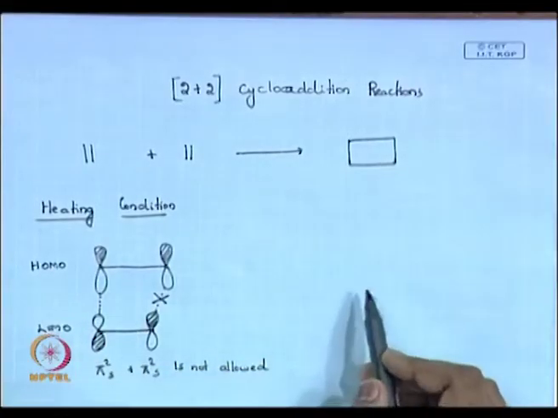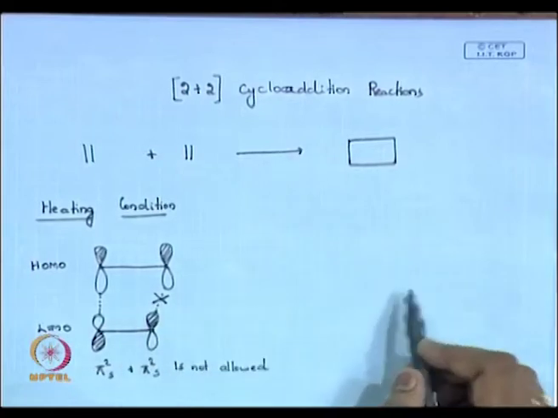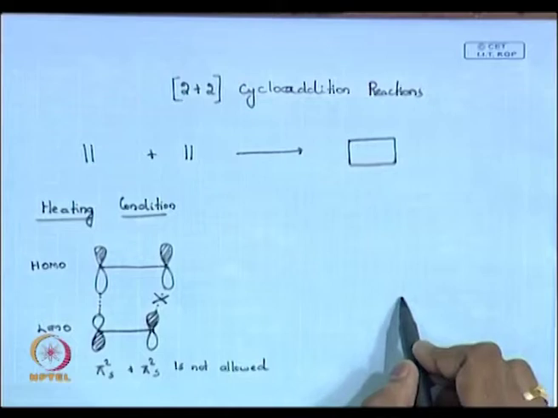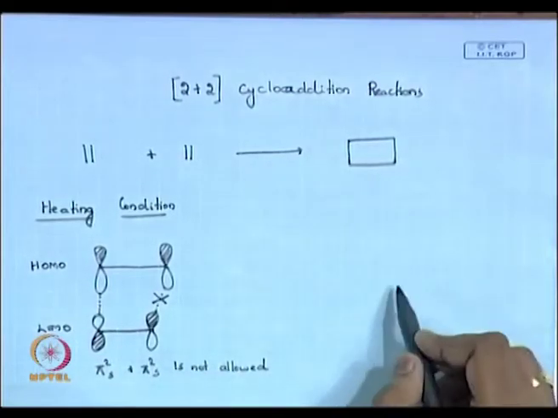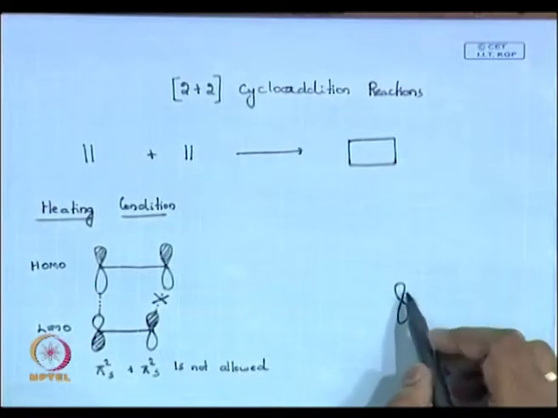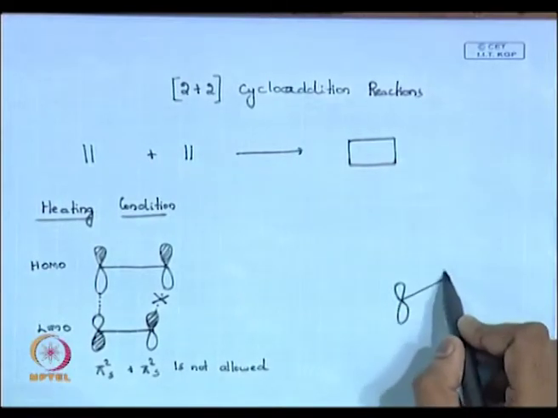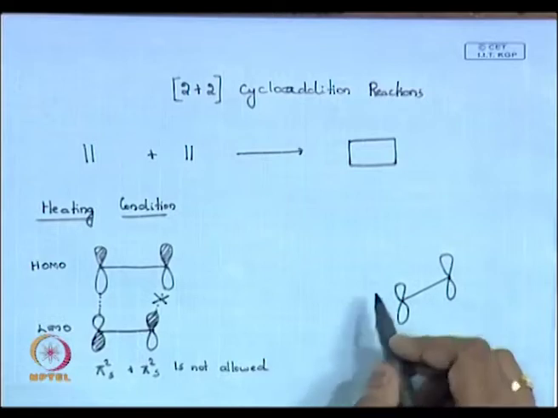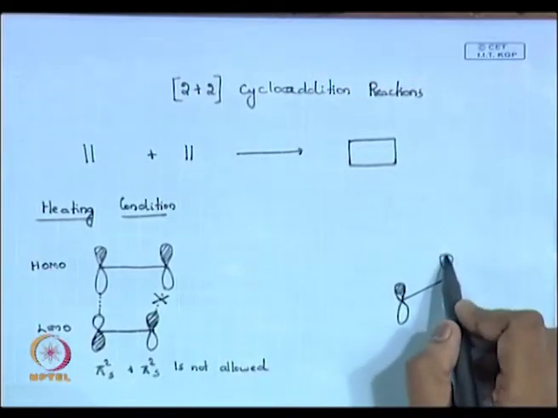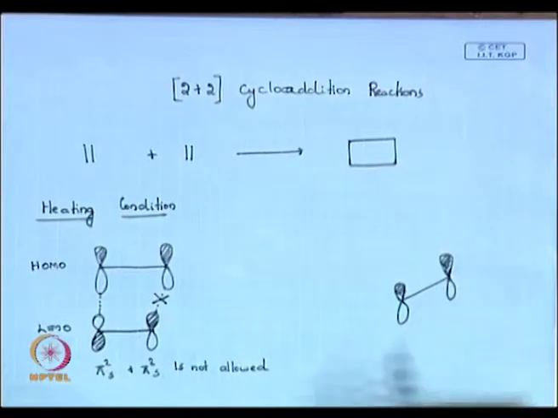We will take the same example. If we want to draw suprafacial and antarafacial for this type of system, this is the HOMO of your alkene.